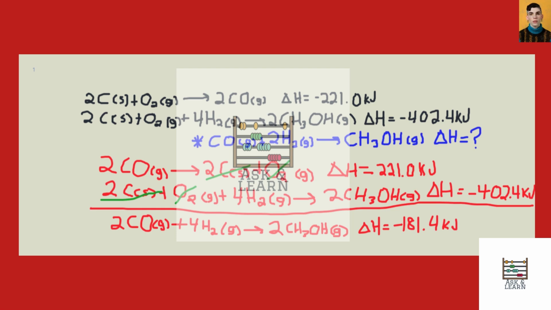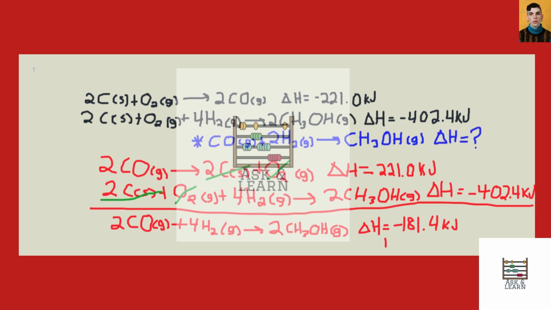Now, people can get confused here and think that's the answer, but they're wrong. That is not the answer to this equation. Because, look, in this reaction, we're producing 2 moles of methanol, and here we're producing 1 mole of methanol. So that means that the actual delta H we're going to be using is going to be 1/2 of this.